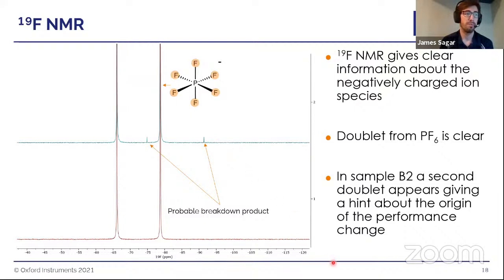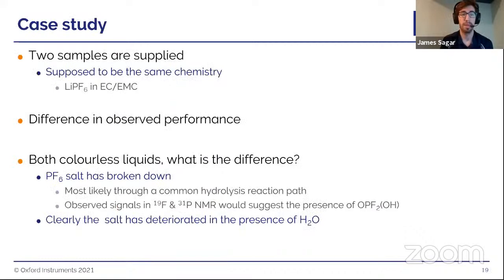Now, that's most likely a breakdown product from some parasitic reaction, and that means that you've not got the same salt concentration. Potentially, you've got other contaminants elsewhere that we can't see or that have dropped out of solution. And that gives us a great understanding as to why this issue of performance may have taken place.